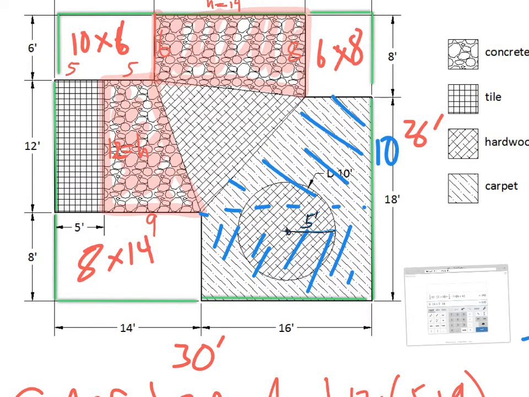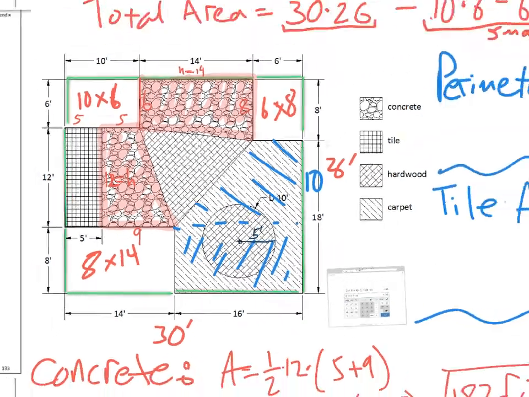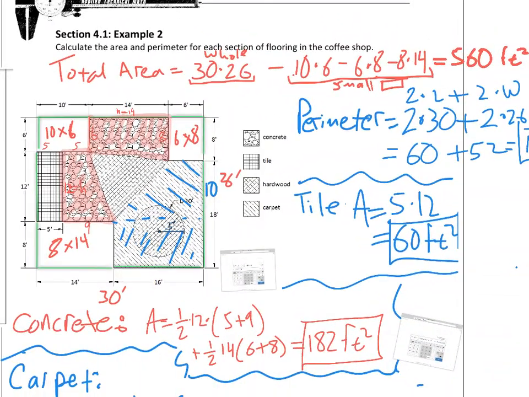Now, the last thing we have here is the hardwood. The hardwood is this circle plus this triangle. Well, we found the area of this circle. This triangle is going to be a little more challenging. But actually, we don't need to find them individually because we found everything. We found the total area, right? Total area was 560 square feet.